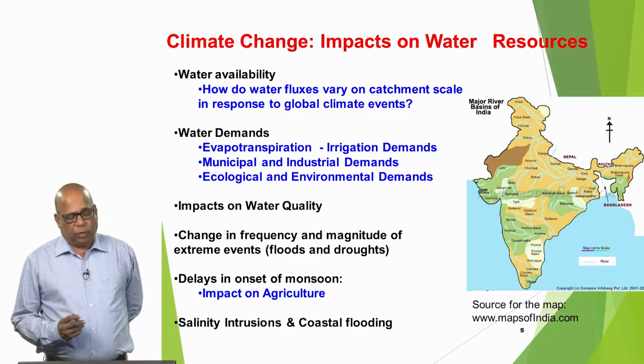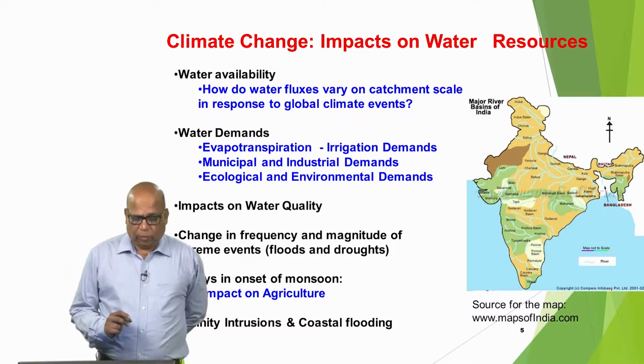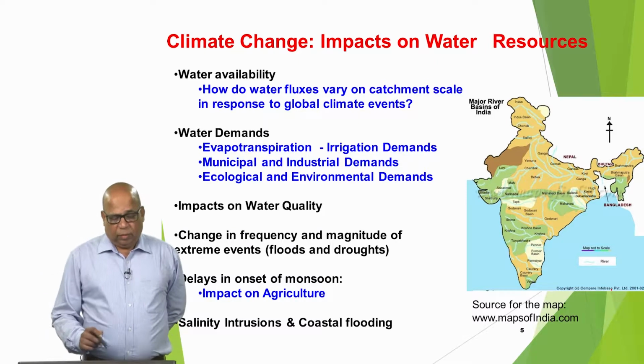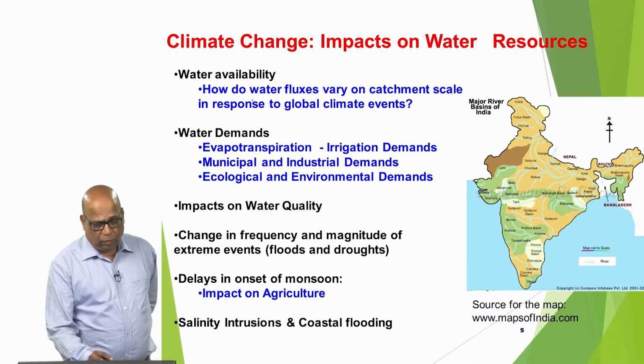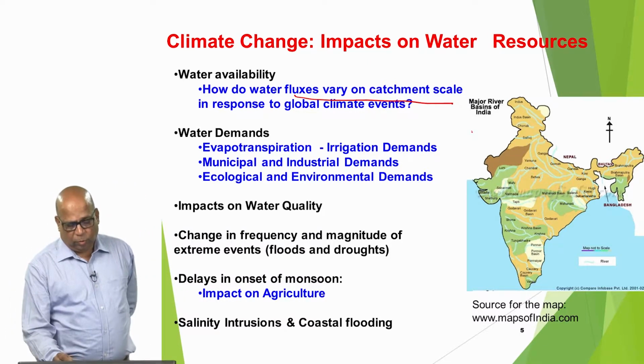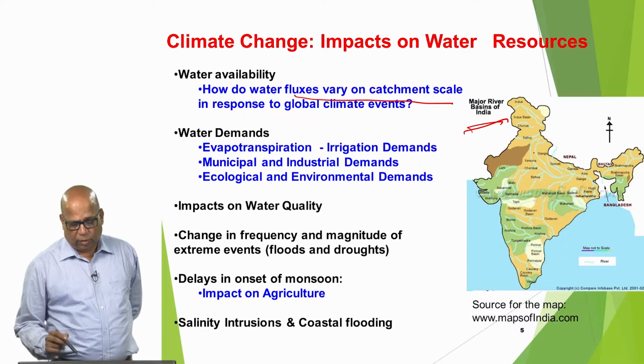So, when we come to the water sector, we need to address the following issues vis-a-vis climate change, namely that how do water fluxes vary on catchment scale or river basin scale. As you know, most of our water resources come from our river basins.